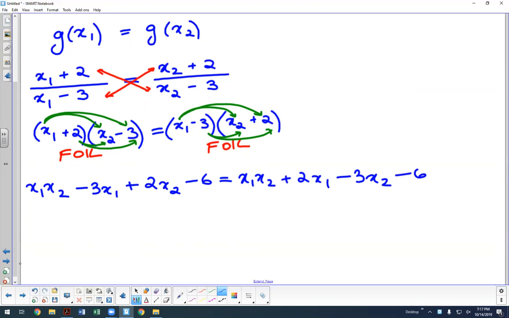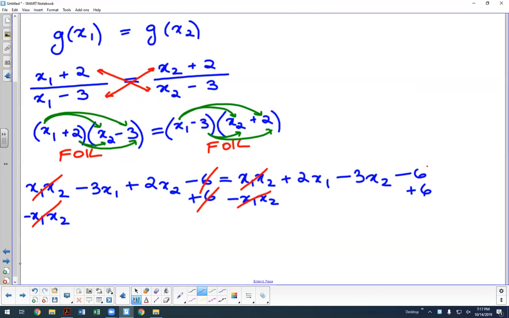If you did this correctly, a whole bunch of your terms should cancel out as you try bringing your like terms together. So obviously, I've got x1, x2 here, x1, x2 on the other side. Start by subtracting those. And here's the part I was talking about. A lot of these should cancel each other out. I've got a minus 6, so I can go ahead and add that.